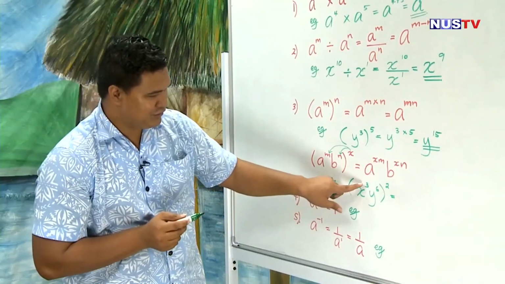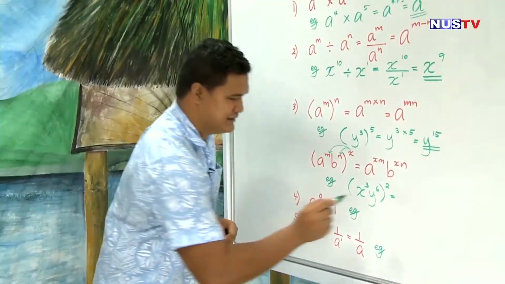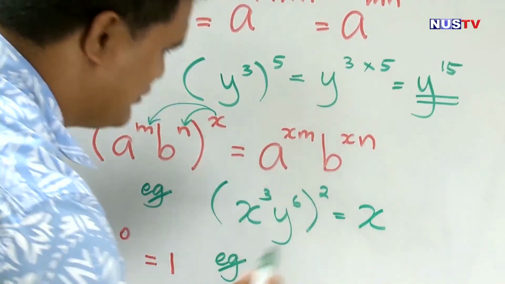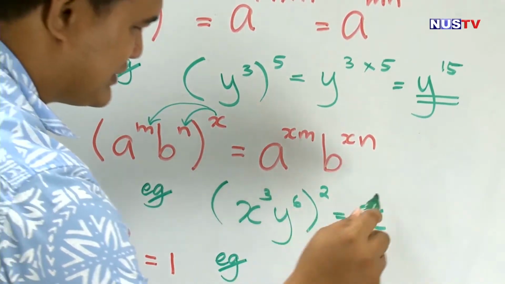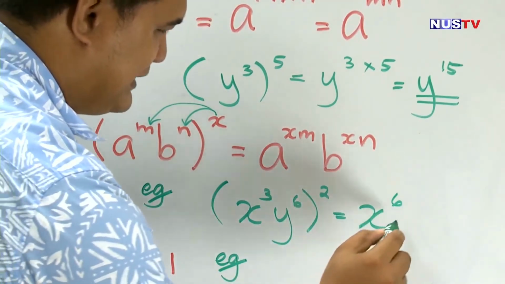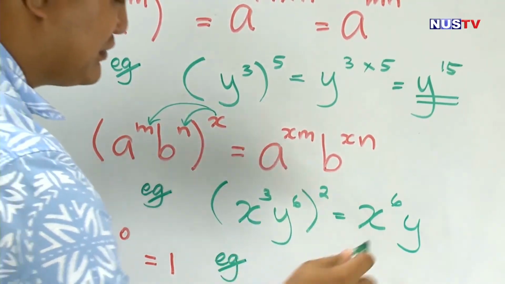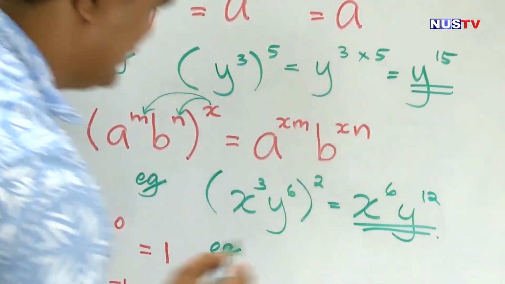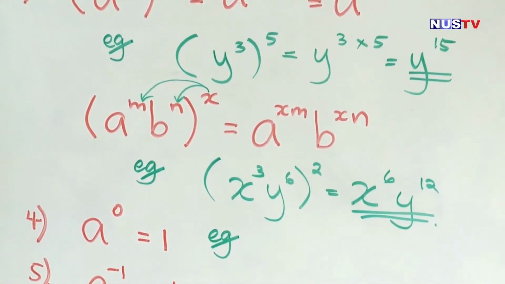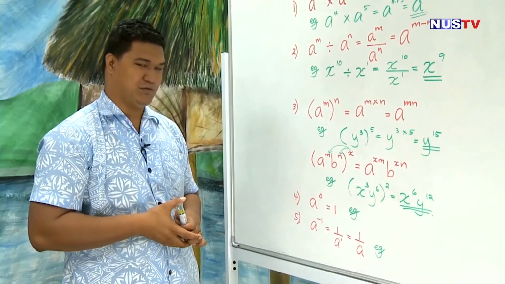Now the 3 here will be raised to that 2, and so is the 6. So our answer will be x to the power of 3 multiplied by 2, which is 6, and y to the power of 6 times 2, which is 12. So the answer for that one is x to the power of 6, y to the power of 12.